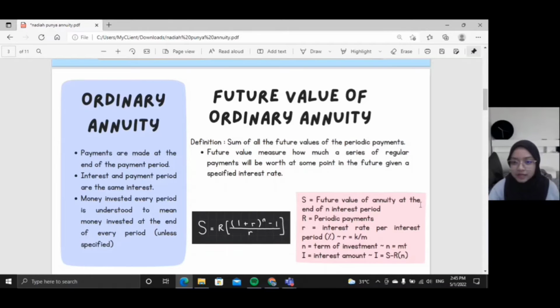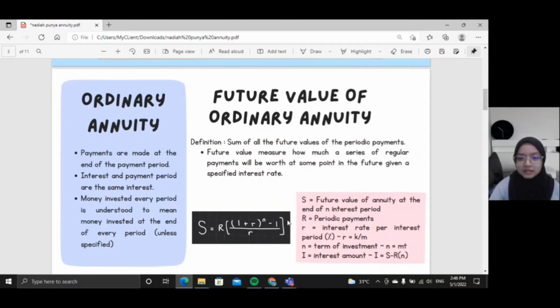Here is the explanation about this: what is R, what is S, and everything. S is the future value of the annuity at the end of an interest period, and capital R is the periodic payment. The small r is the interest rate per interest period in percent, and how can we find the small r? The small r is k divided by m.